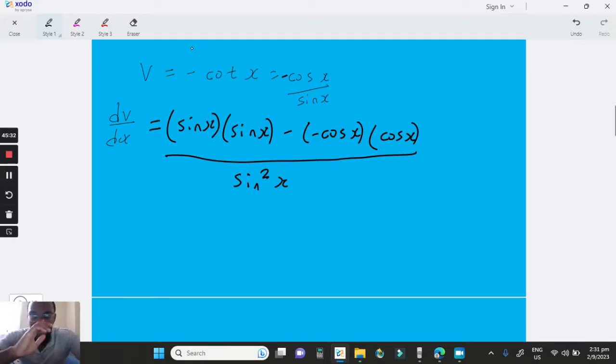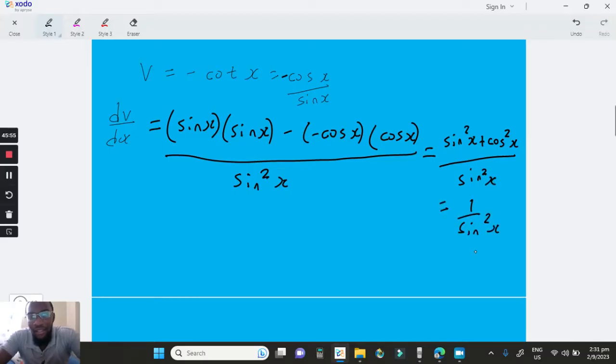Sine times sine is sine squared, negative and negative is positive. So the numerator is sine square x plus cos square x, which we know is 1. So we're getting 1 over sine square x, which is what? Cosec square x.